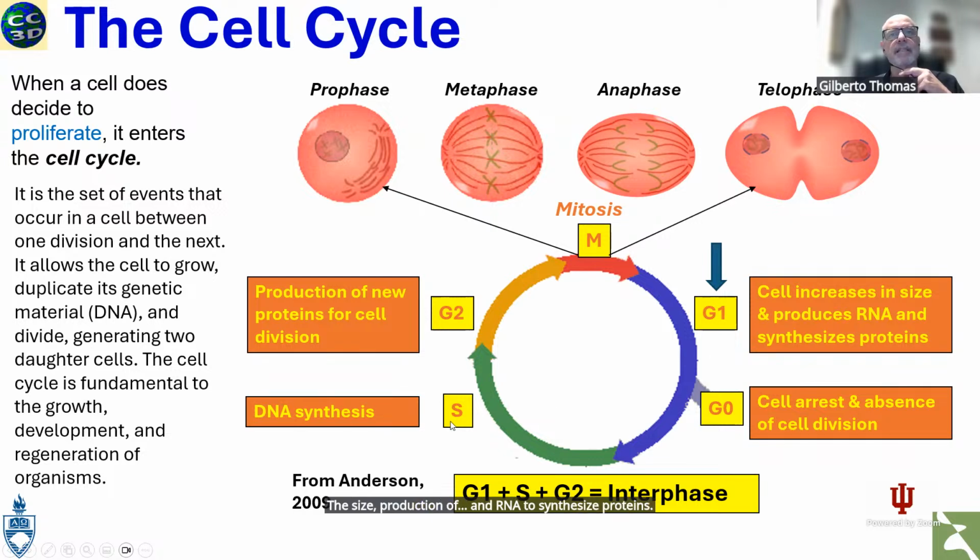Then it enters the S phase to synthesize DNA, goes to G2 to produce new proteins and prepare the cell for division. That eventually occurs in the M phase, which is the mitotic phase.